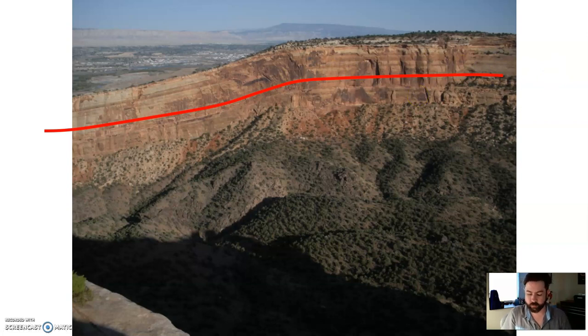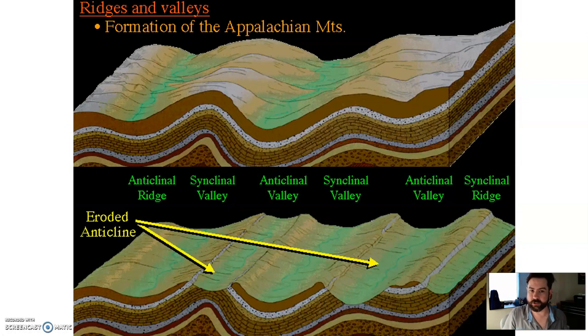As mentioned, with these folds, you typically get a bunch of these back to back to back to back. And a great example of that would be the Appalachian Mountains over off the east coast of the United States. The Appalachian Mountains formed due to a collision of continents as supercontinents were forming, Pangea, crumpling and rumpling up that portion of what was to be the United States.